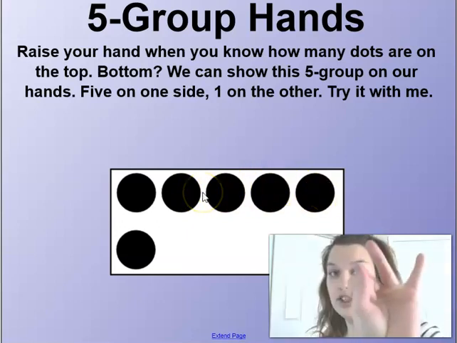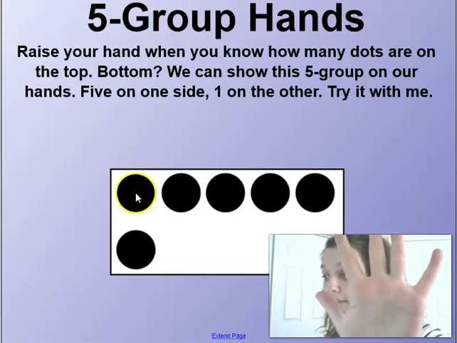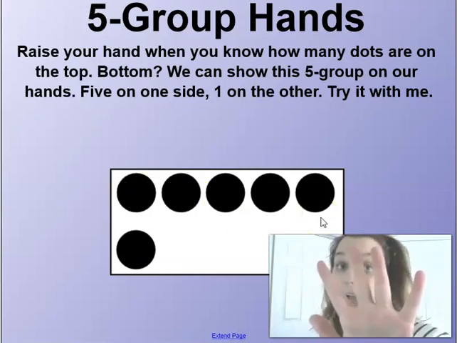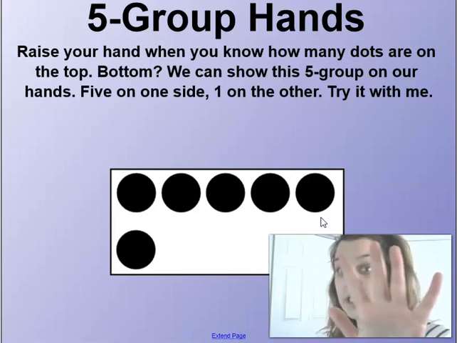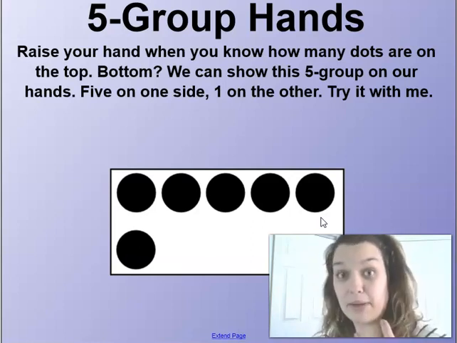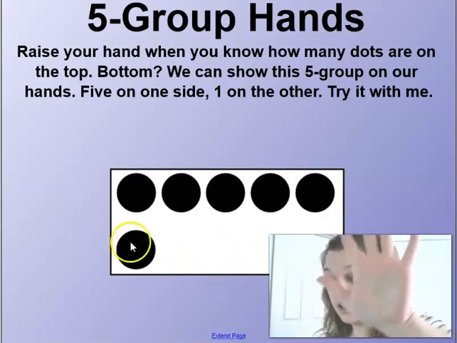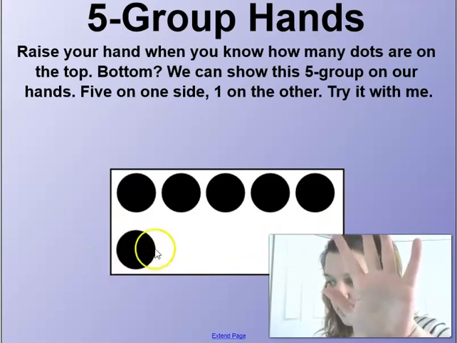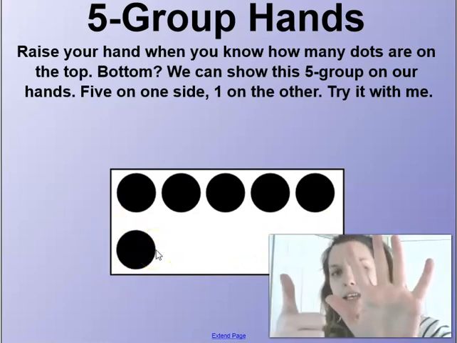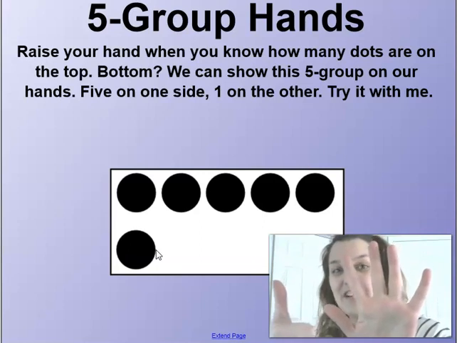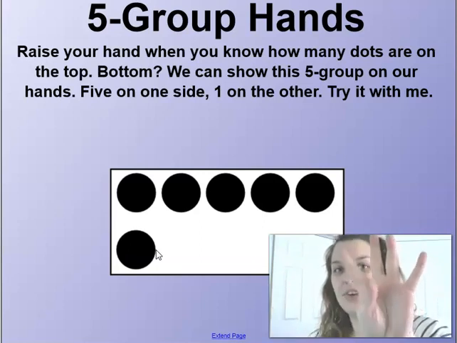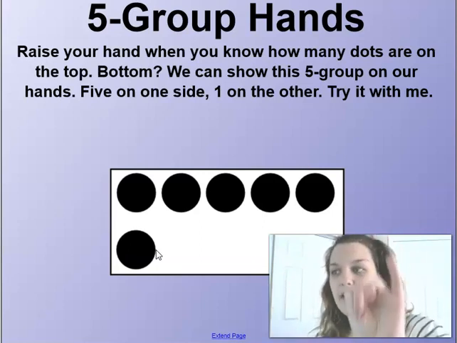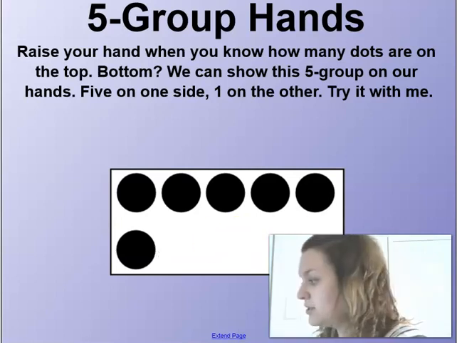This line of dots is always 5. Pretend there's little boxes and it's a 5 frame. And then we have to add this one down here. So 5 and 1 is 6. Very good. Let's count. 1, 2, 3, 4, 5, 6. Good job. Let's do our next one.